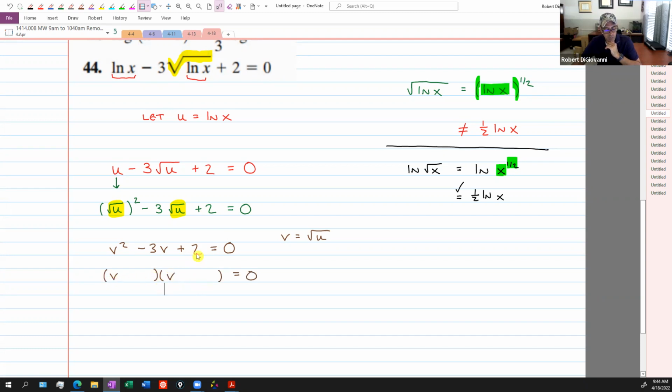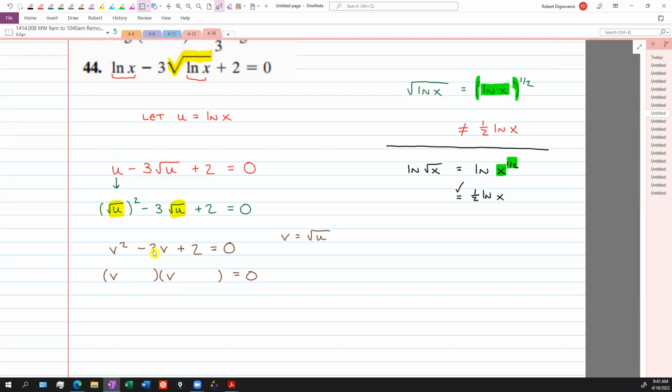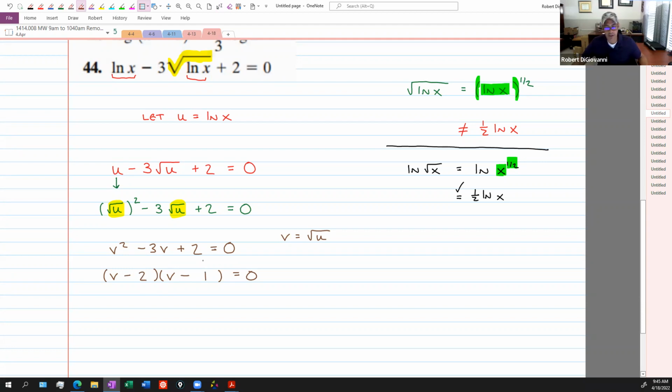Two numbers that multiply to be 2, but add up to be -3. -2 and -1, right? Good. Now we can set each of these equal to 0, can't we? And we would get two solutions. We would get v is 2 and v is 1.